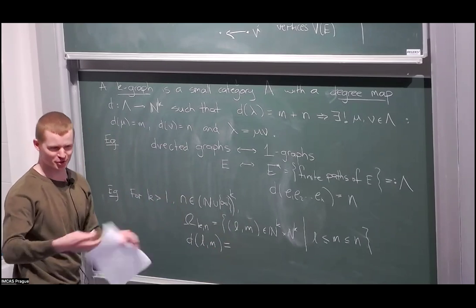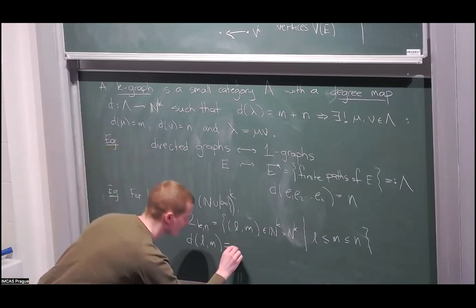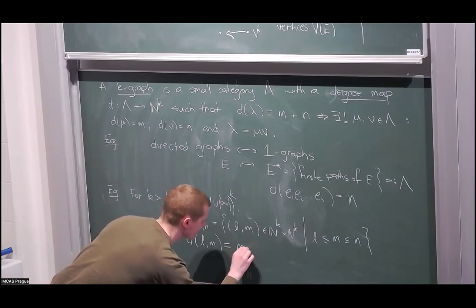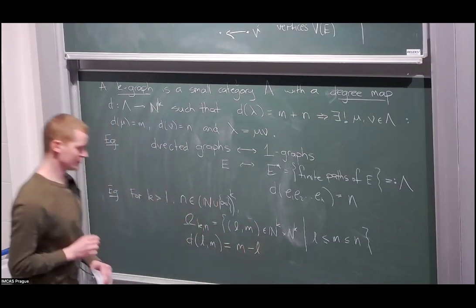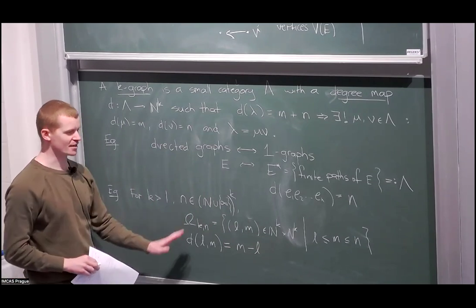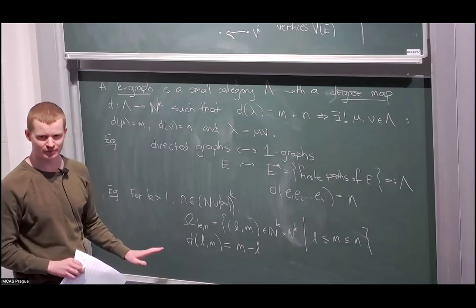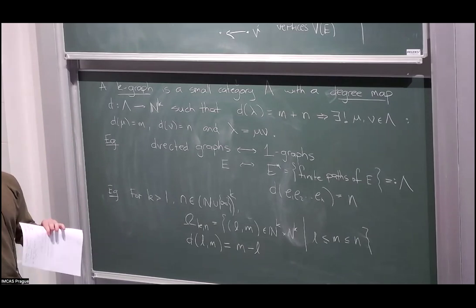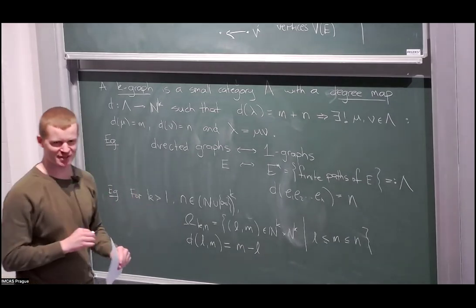How far do you have to go between L and M? So it's the difference map, M minus L, defined pointwise in these k-tuples. And these are all going to be k-graphs. Omega k n with that degree map is going to be a k-graph. So I've got lots of templates of k-dimensional segments of natural numbers, essentially.